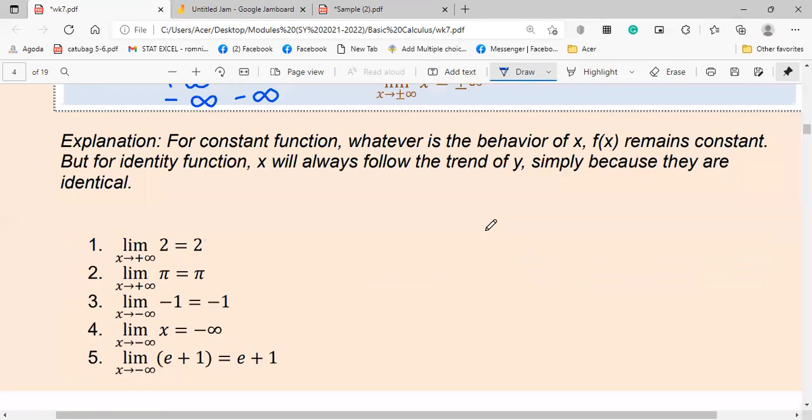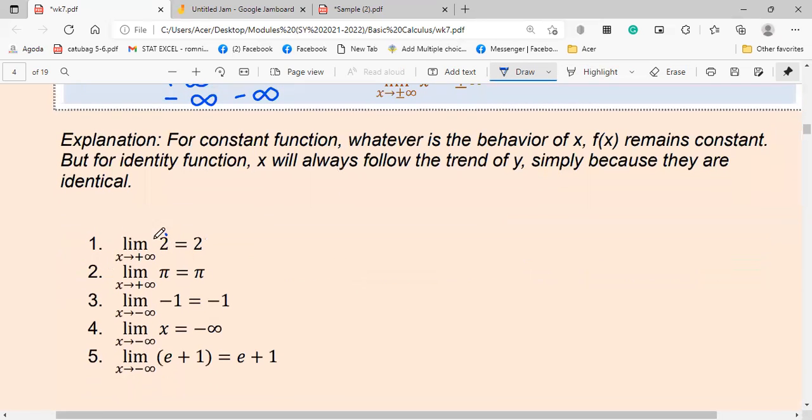Okay? Now, just like this, constant, lahat ng sagot. Pi and pi. Negative 1, constant. E plus 1 and e plus 1 are constants. Okay? Number 4 is identity function. Ang ginagawa ng x keeps on decreasing, y rin, tuloy-tuloy sa pag-decrease.